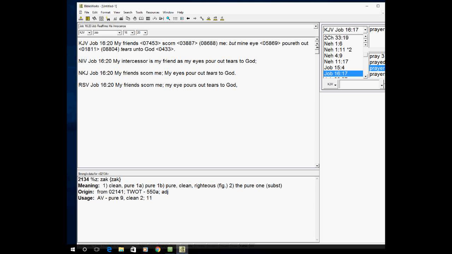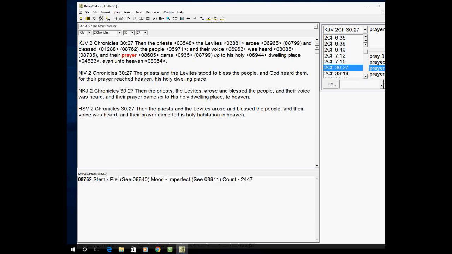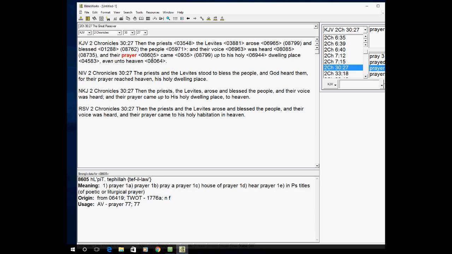And this would be a question I'd have on the Hebrew as well. Why is the word tefillah? If we take that word there, number 8605, tefillah, that kind of stumped me for a while because there's another word very similar called tehillah.